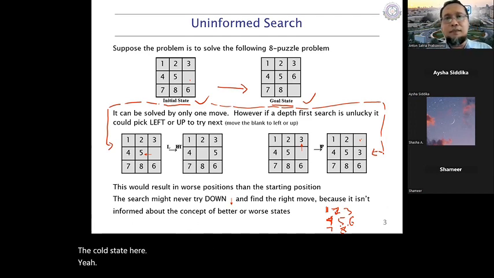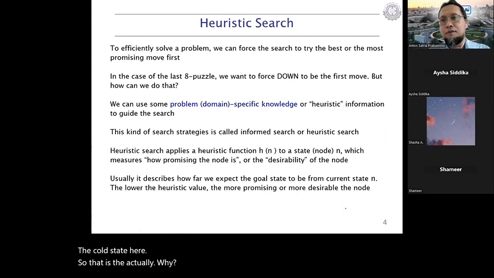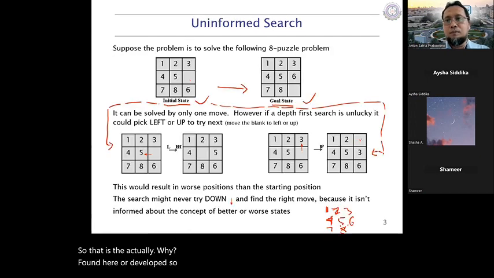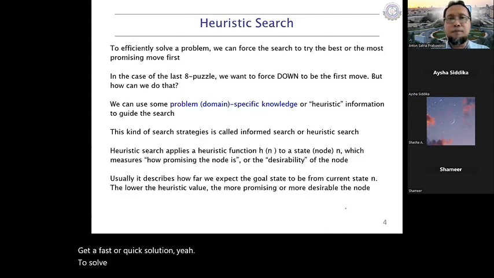So that is actually why heuristic search was developed, to minimize the moves from the previous method, so we can get a quick solution to solve the problem.